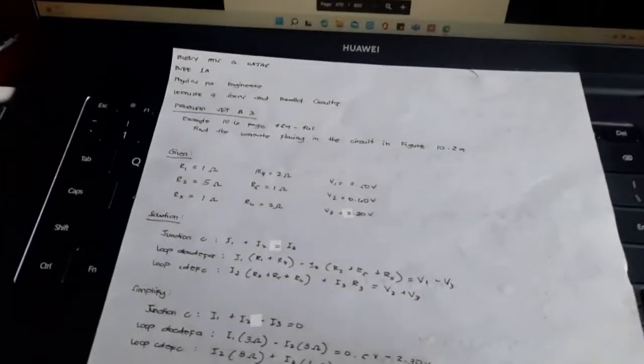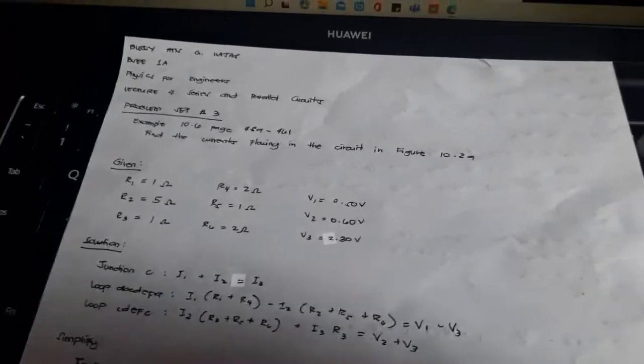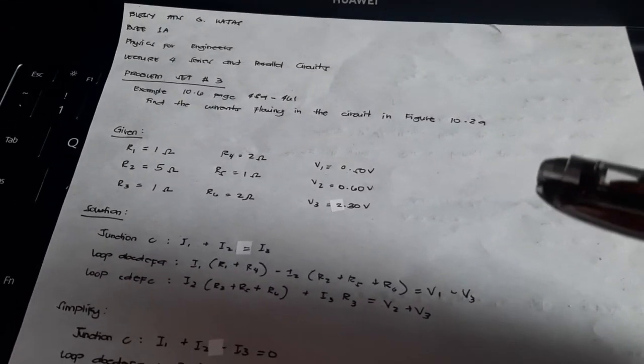So let's proceed to problem set number 3. Example 10.6 on pages 459 to 461. Find the currents flowing in the circuit in figure 10.29.